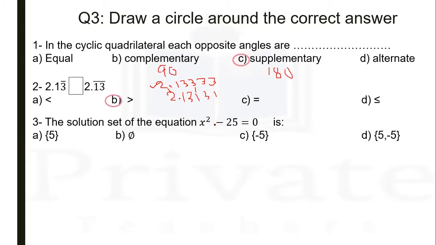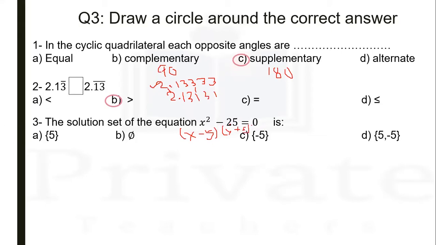X squared is a square number, 25 is a square number, so it is a difference between two squares. We open two brackets: x minus 5 and x plus 5.